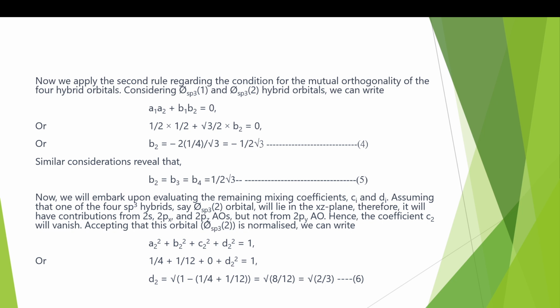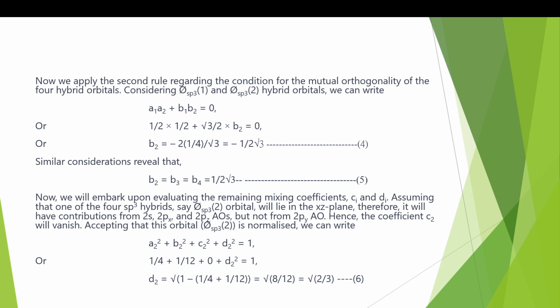Accepting that this orbital is normalized, we can write a2 square plus b2 square plus c2 square plus d2 square equal to 1, in which case c2 is 0, as we already told. Putting the values, 1 over 4 plus 1 over 12 plus 0 plus d2 square equal to 1.